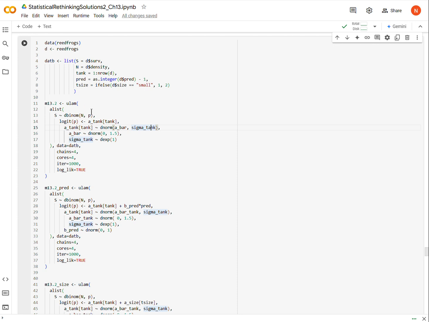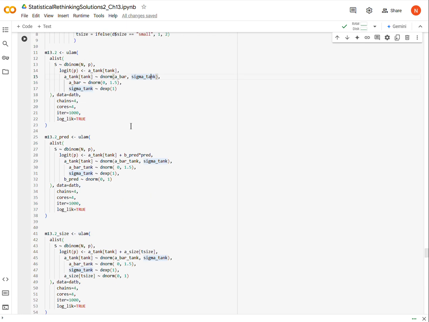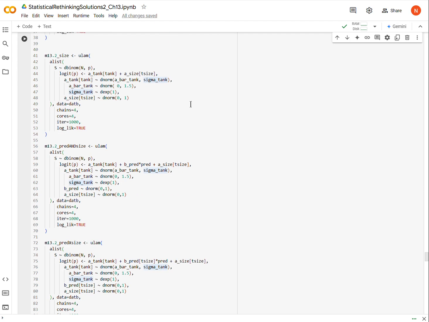That is a hyperparameter of this, I don't know what you call it, the hyper distribution, maybe. Okay, so again, this is going to estimate an intercept for every tank in our data set. So if this seems a little bit unfamiliar, then please go back and watch that previous problem.